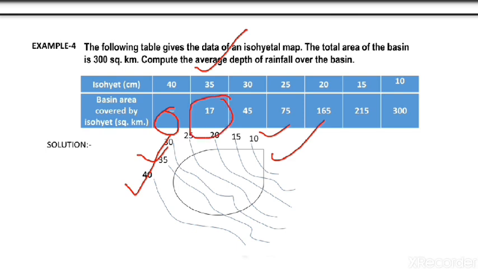That means after 40, up to 35, the area is 17. That means this is 40, this is 35 and the area covered is 70. Therefore the area between 40 and 35 is 17. That means this area.